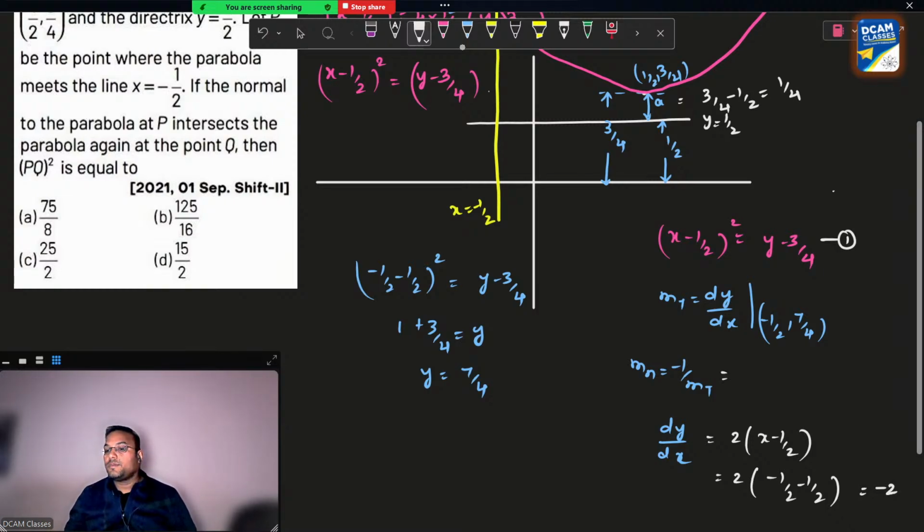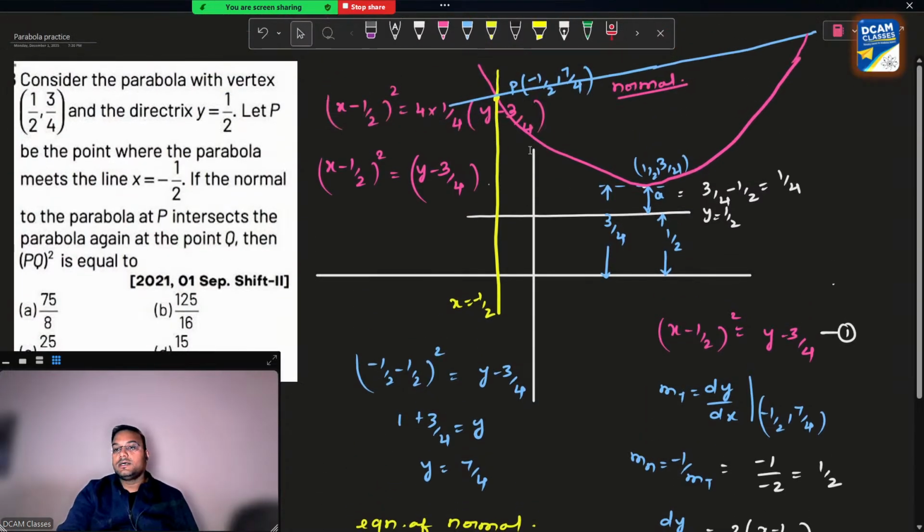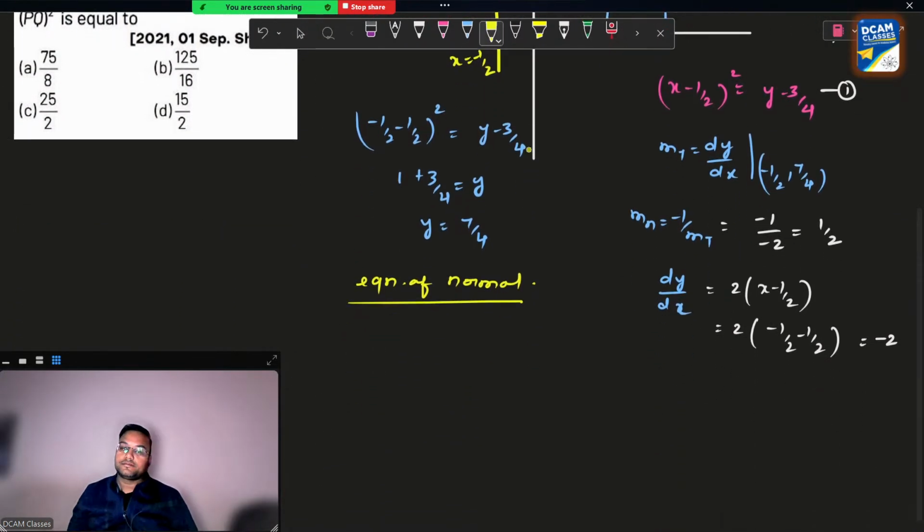So the slope of the normal will be the minus of the reciprocal, so minus 1 by minus 2, it will be 1 by 2. This is the slope of the normal. Now if you want to find out the equation of normal, the point we know at which we have to find it is minus half comma 7 by 4, the point P.